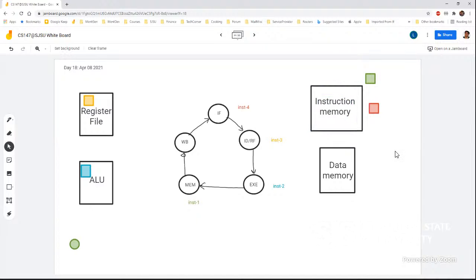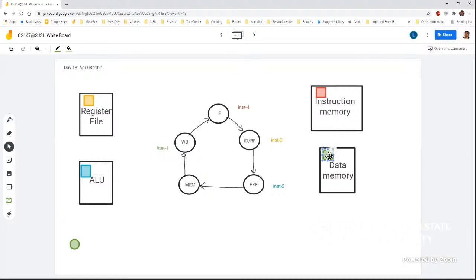Okay. Now, as we separate them out into an instruction memory and data memory, we don't have a conflict. Instruction 4 at instruction fetch is using instruction memory, and instruction 1 is using the data memory. That structural conflict is gone now. Okay, now how about the next phase? Instruction 1 goes into write back.